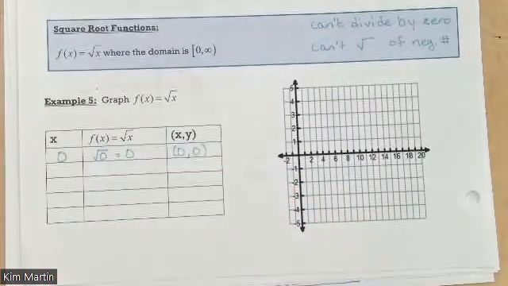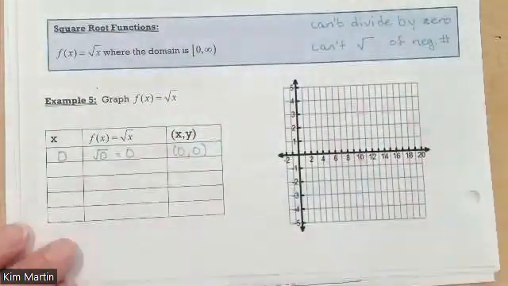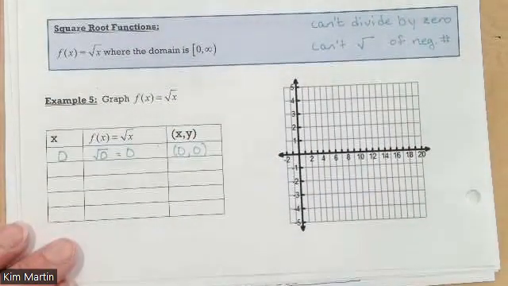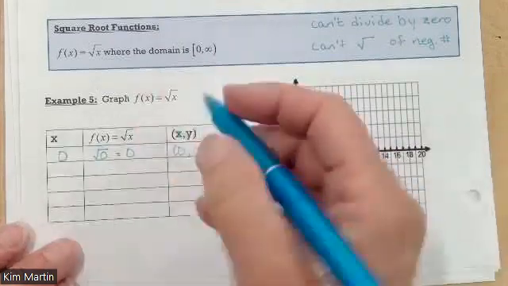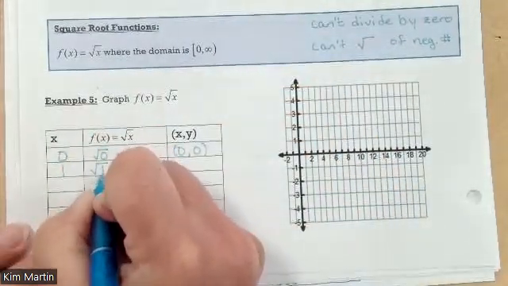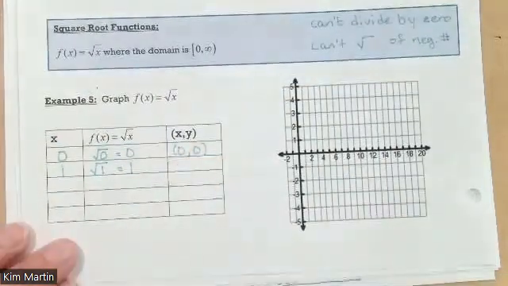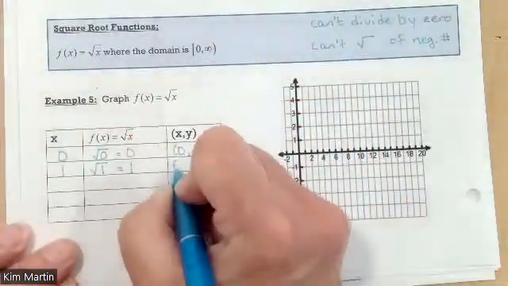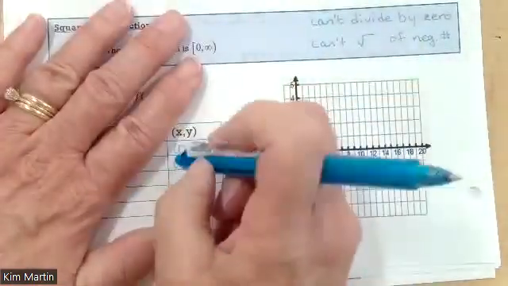So give me a value. 2. Okay. I'm glad you picked 2. But before we do 2, let's do 1. You can keep it wherever you put it. If you put it under here, let's do 1 first. The square root of 1 gives us 1, right? So that is the point 1, 1.